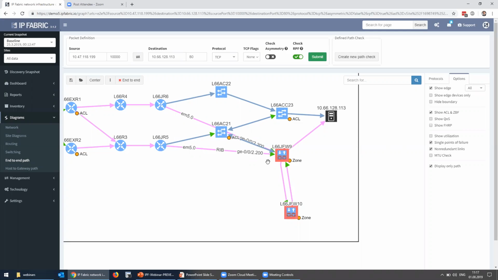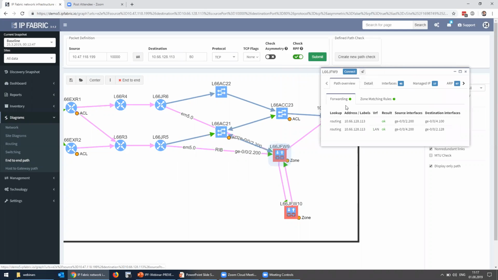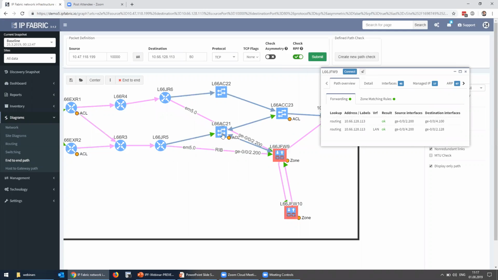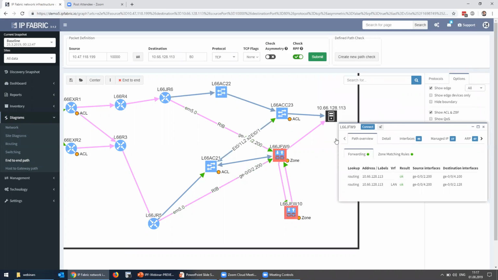So for that, we can simply click on firewall 9 and look at how the path looks. When we are looking at the routing, just by hovering over the line, we can see the individual path components light up on the diagram here in green, and we can see that the path is coming from the left, from R6 and R5, and is forwarded to firewall 9, which does not forward it directly to the destination, but is actually forwarding it to its second cluster.